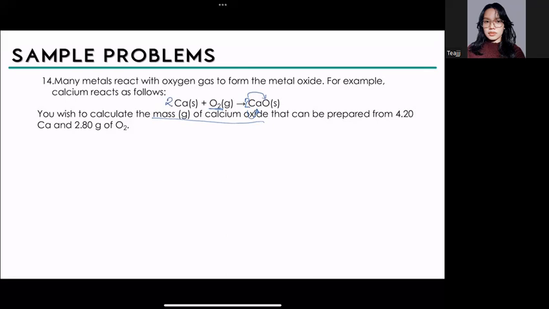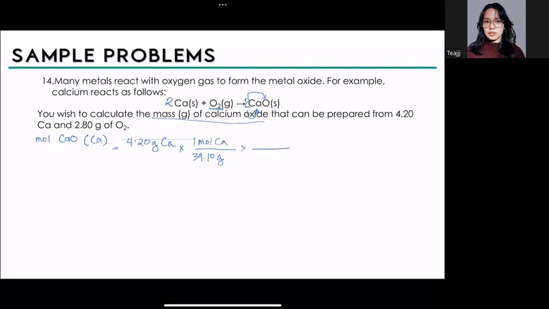Now let's determine the limiting reactant next. So you have moles of calcium oxide from calcium. So you have 4.20 grams of calcium. Convert natin into moles of calcium. So that's 39.10 grams per 1 mole of calcium.